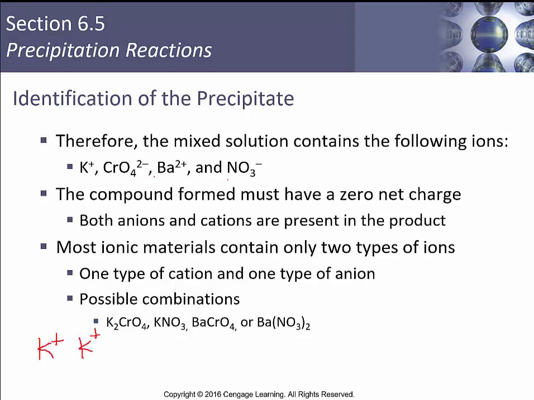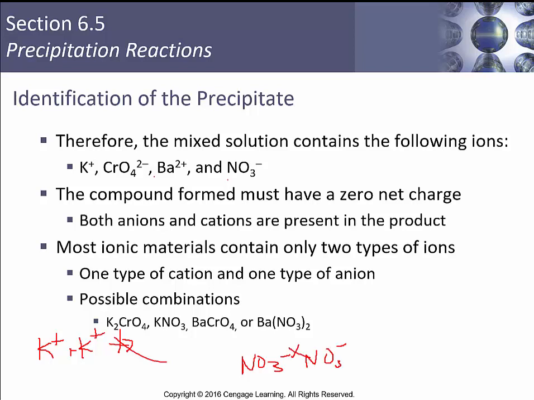Anything that's going to interact with itself is just not going to happen. So the potassium interacting with itself, the chromate, the barium, the nitrate: we look at this and it's a plus charge next to a plus charge, not going to happen. If I look at the nitrate, it's got a minus charge on it, and it's going to see another nitrate, and they're going to be like, no.